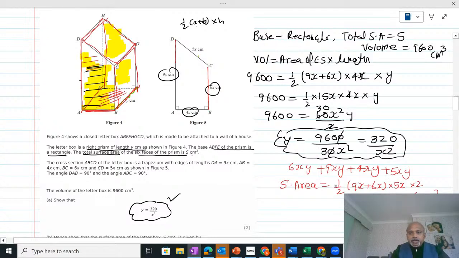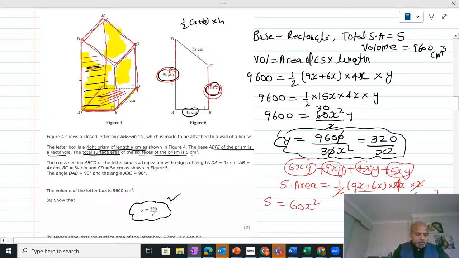The trapezium area is 1 by 2, 9x plus 6x, times 4x. Because it is a double, we have multiplied here. So 9 plus 6 is 15x, times 4 is 60x squared, and 2 and 2 cancel. So total surface area will be 60x squared, and you can add all these.